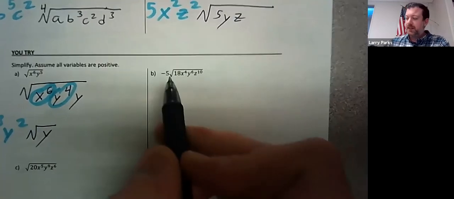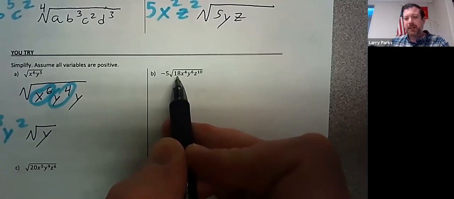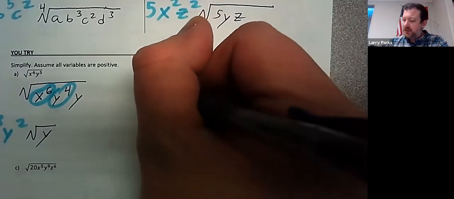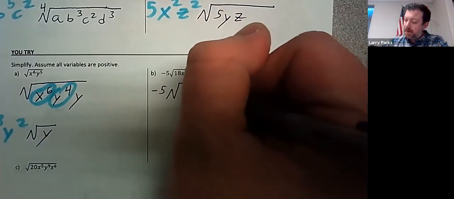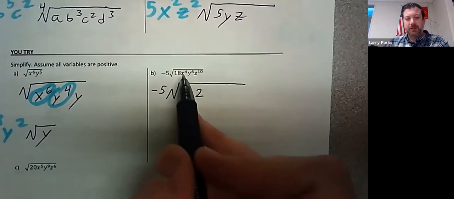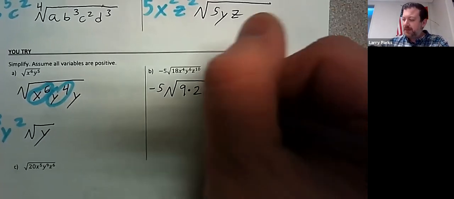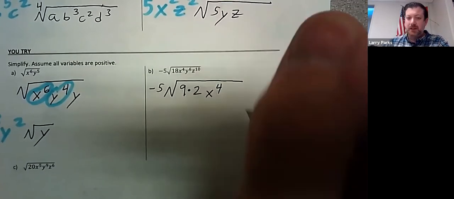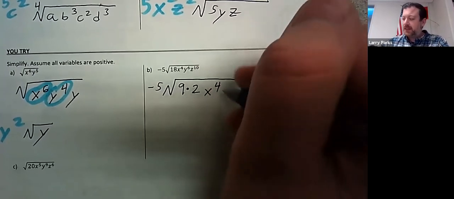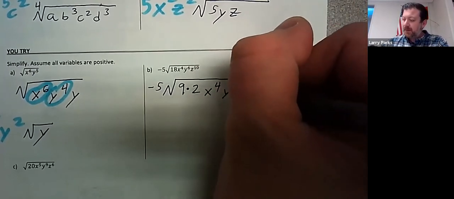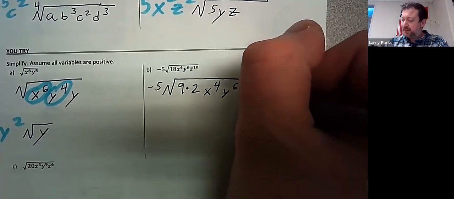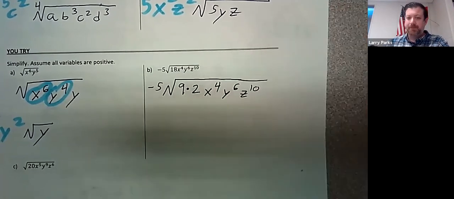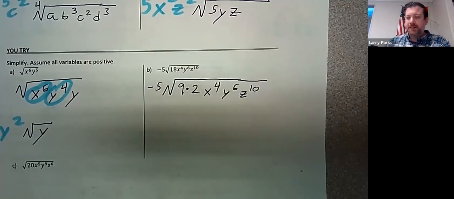Here, 18. I could break that into 9 times 2. x to the 4. 4 is divisible by 2. Let's leave it alone. 6 is divisible by 2. Let's leave that alone. 10 is divisible by 2. Let's leave that alone. And then I start working.